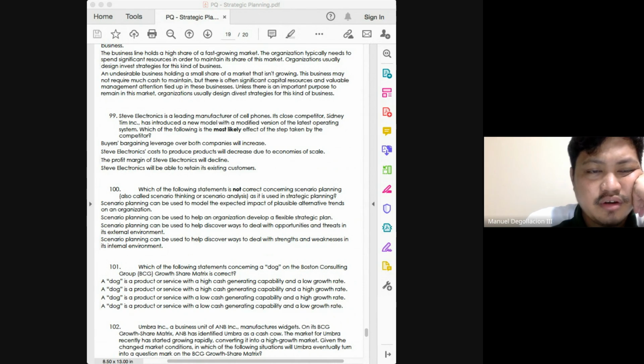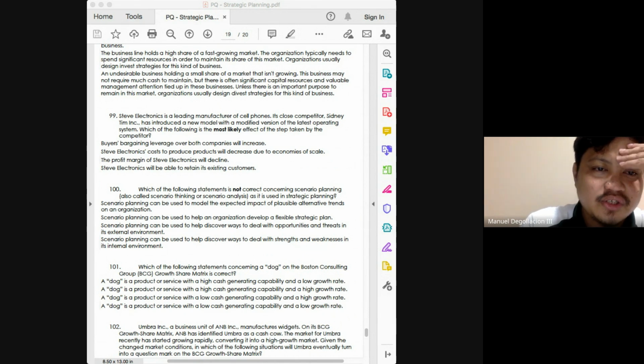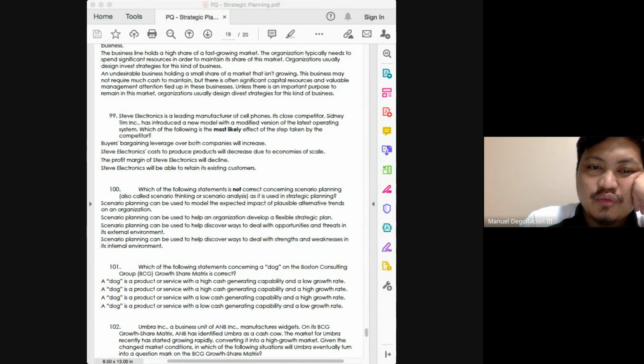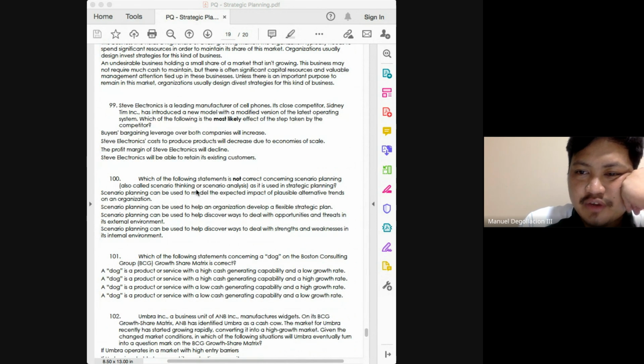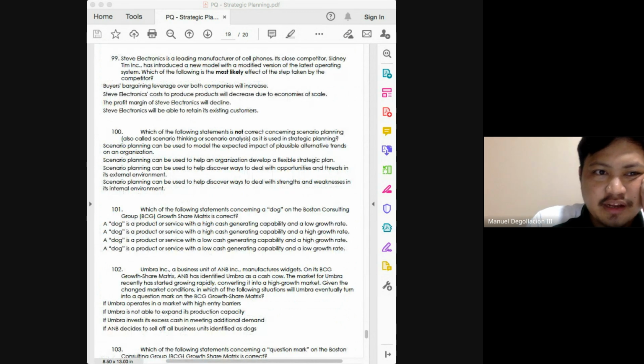The company will have to drop the price on its older phone model so that it will be able to retain its market share. And because of the dip in the prices, while costs will remain, we will expect that profit margin would decrease. 100, which of the following is not correct concerning scenario planning, as it is used in strategic planning?